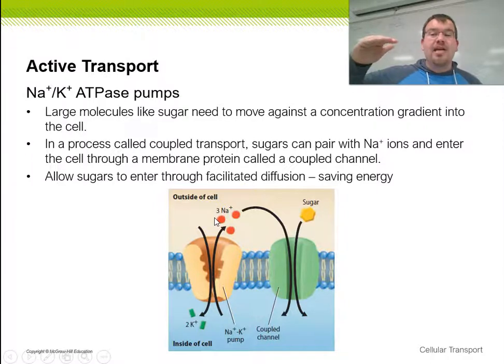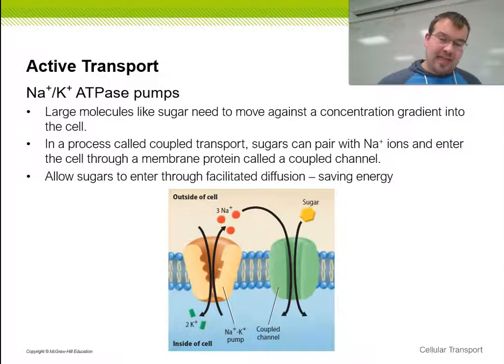So the concentration of sodium ions is now higher on the outside of the cell than it is on the inside of the cell. So now those sodium ions are going to just diffuse in and flow straight into our cell through the cell membrane. And it does this by using a coupled protein.